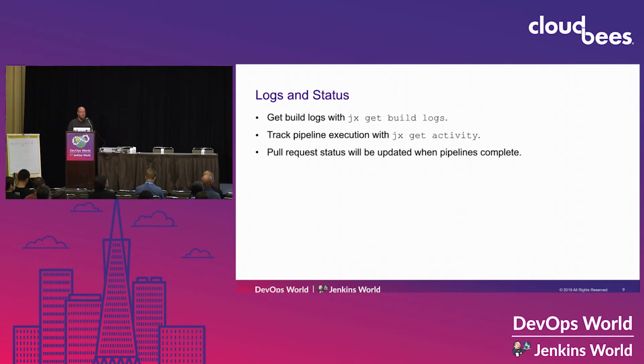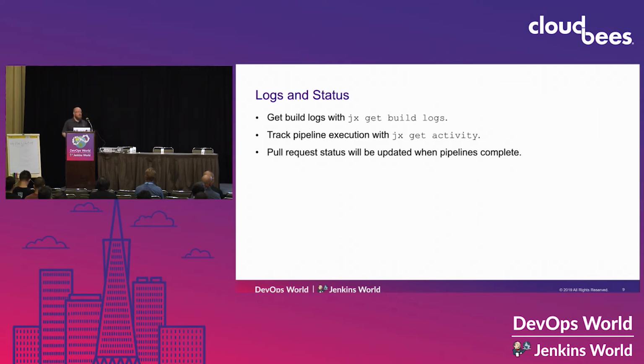And while a pipeline is running and after it's complete, you obviously want to know what's going on with it. It's all well and good to have a pipeline run, but what's the point if you can't look at logs? At least for me, I get a little obsessive about that. The main way in Jenkins X currently to look at logs is to use a Jenkins X command line step, jx get build logs.